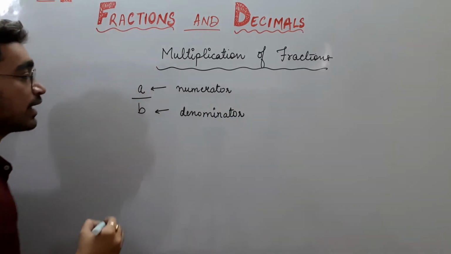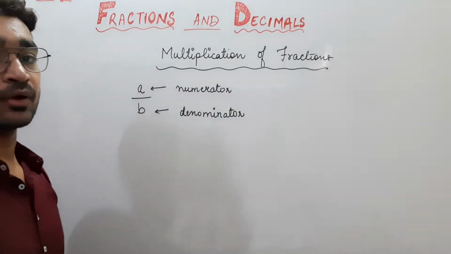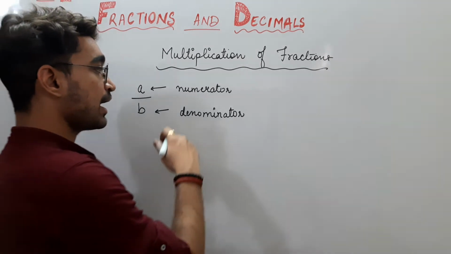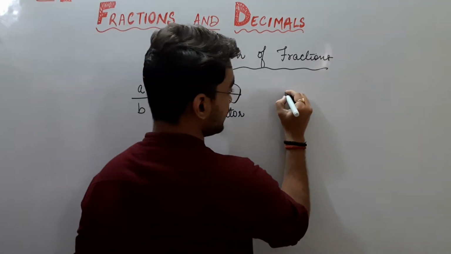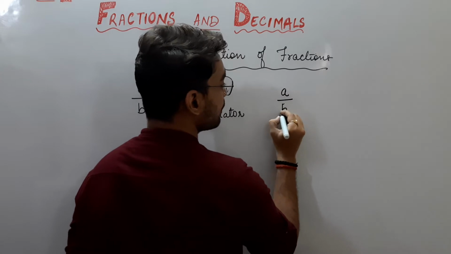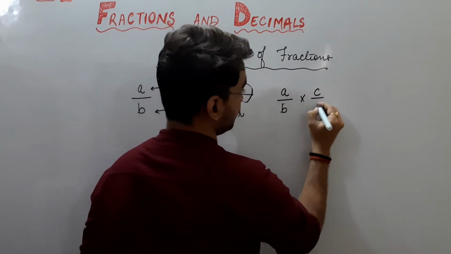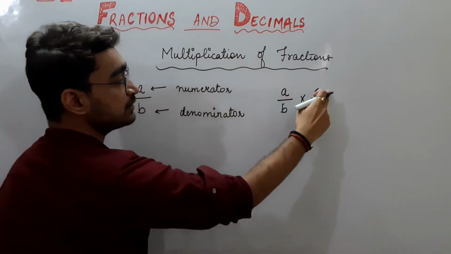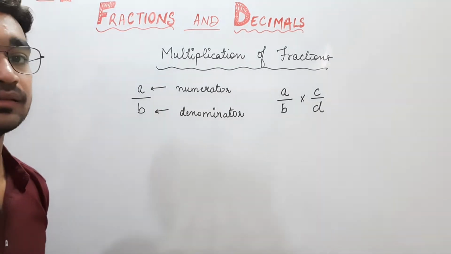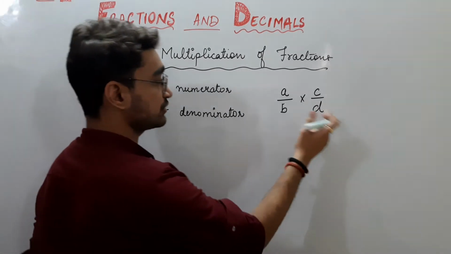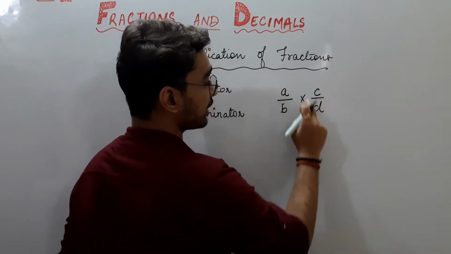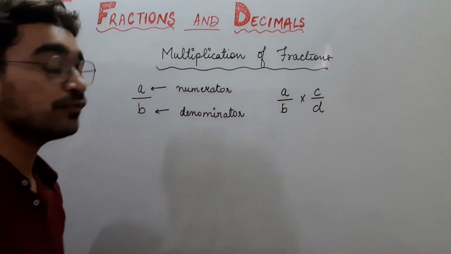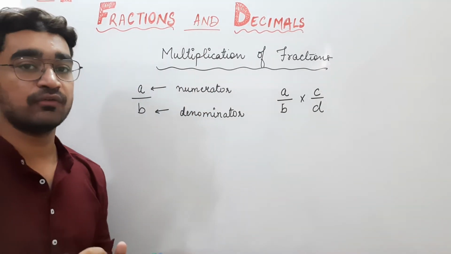And I have one more fraction, like I'm saying a by b multiplied by c by d. So a and c are the numerators, b and d are the denominators of both different fractions, fraction number 1 and fraction number 2.